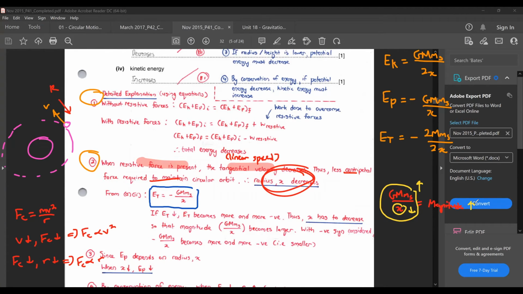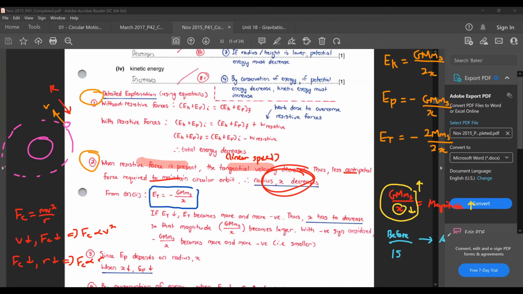So your magnitude is increasing. So far so good? Can you get the concept here for this one? If you just don't bother about the negative, you just look at the GMMS over X. If X drops, that means the whole expression over here will increase. All right. Now, that would mean something like this. If originally, before I give you some test values, before this, your value was maybe say 15.